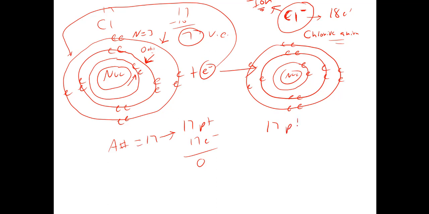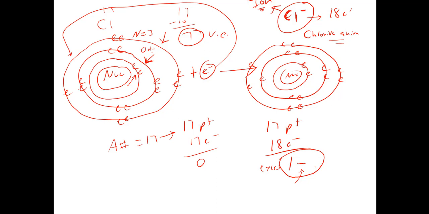It started off with 17 protons, and now it has a total of 18 electrons. So it now has an excess of one leftover electron, so it has a negative charge. And usually we write the negative on the right hand side.